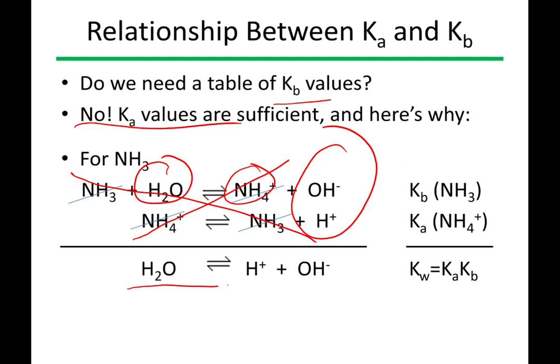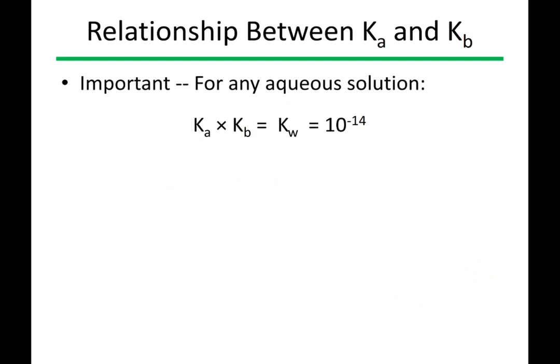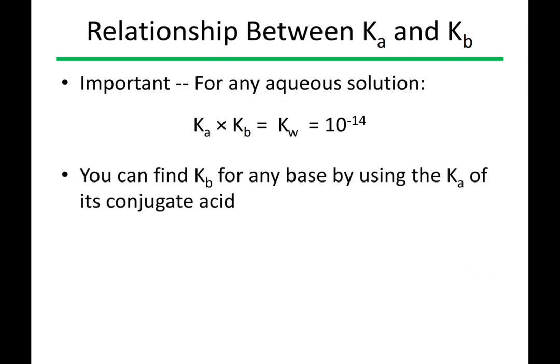And we know this equilibrium is Kw, which is 10 to the minus 14th. So the Ka and the Kb multiplied together will always equal 10 to the minus 14th in water at 25 C. Since we have this expression, we can find the Kb by solving for Kb using this relationship.